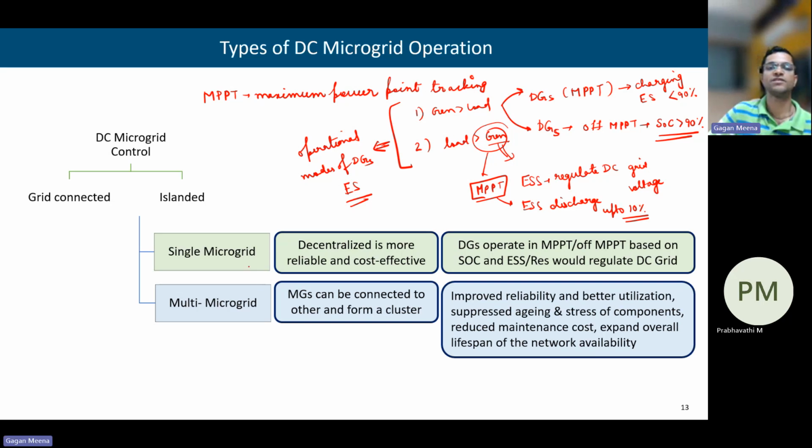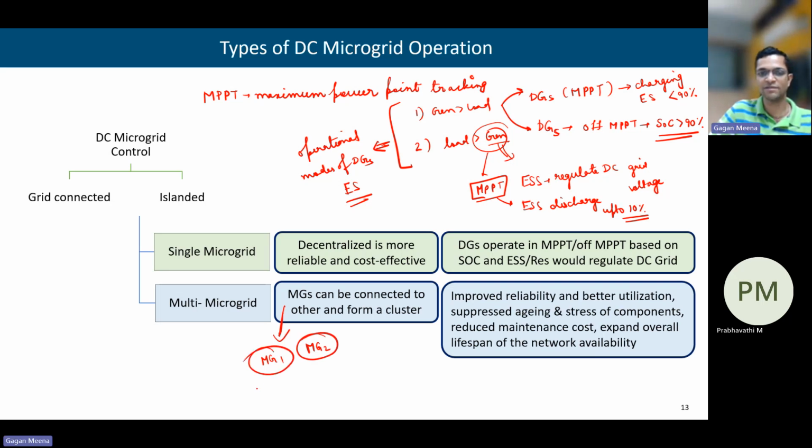Okay, so this was the case of the single microgrid. Now, in the case of multiple microgrids, or multi-microgrid, different microgrids can combine together to form a cluster, and they can share power between them. Here a single microgrid can have a deficit of generation, but in a multi-microgrid, let's say there are two microgrids, MG1 and MG2.